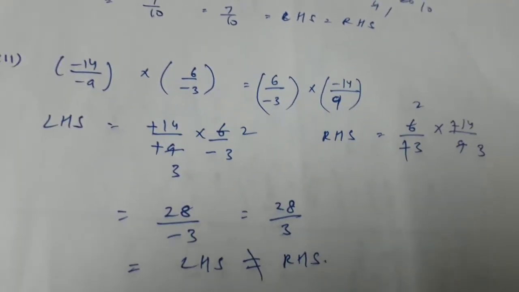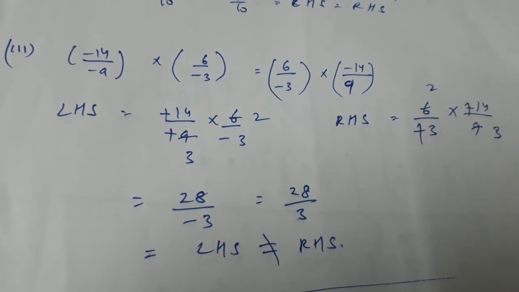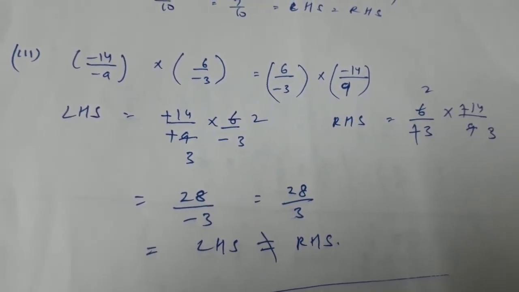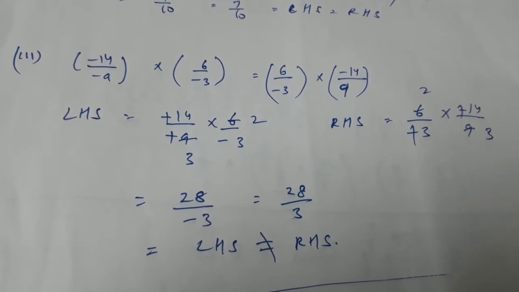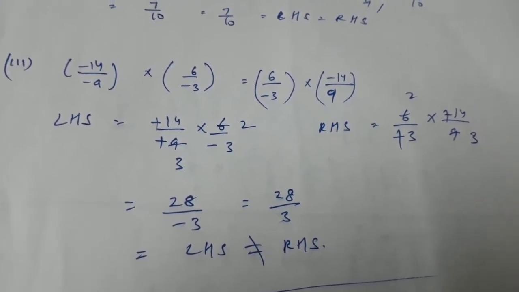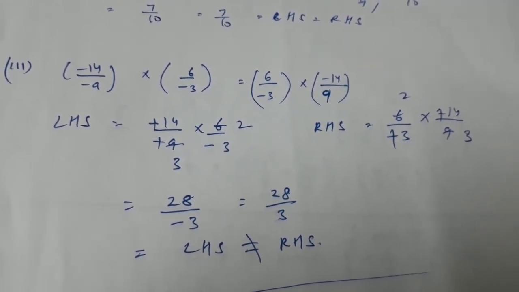In the third part, the same thing will be applied. First, solve the LHS. 14 by 9 into 6 by minus 3. After cancellations, 28 by minus 3. On the other hand, the right hand side, 6 by minus 3 into minus 14 by 9.